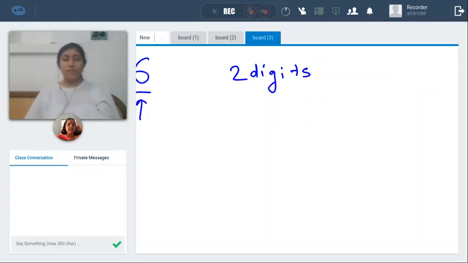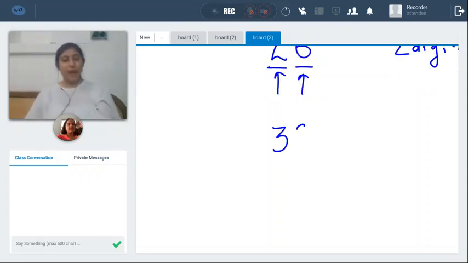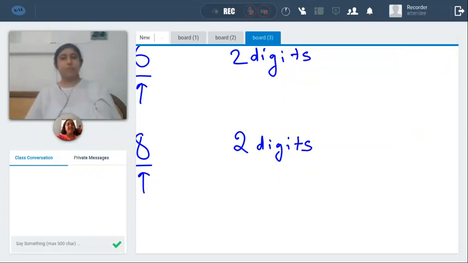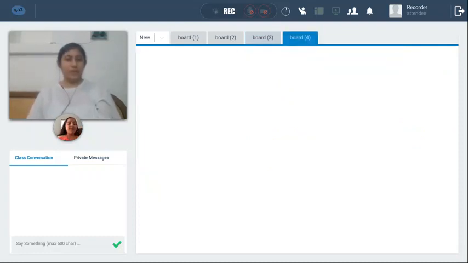So let us take one more example, say 38. So we have a digit 3 and a digit 8. So we have 1 and 2. We have two digits here again. Good. Let us take a few more examples for better understanding. Let us take 6.